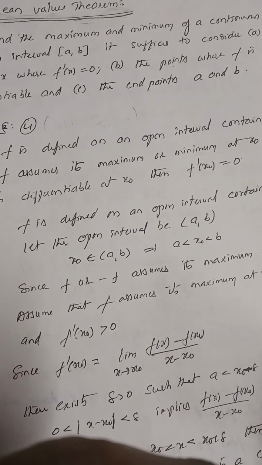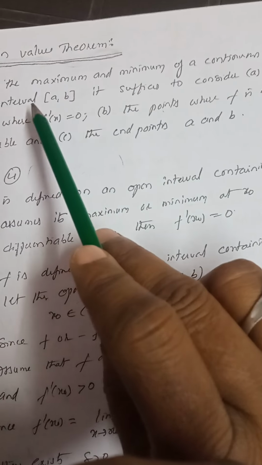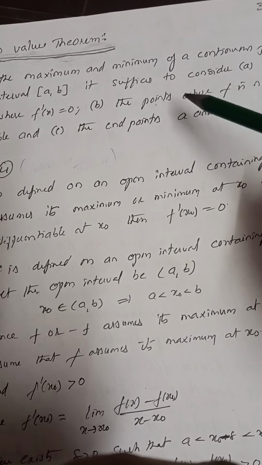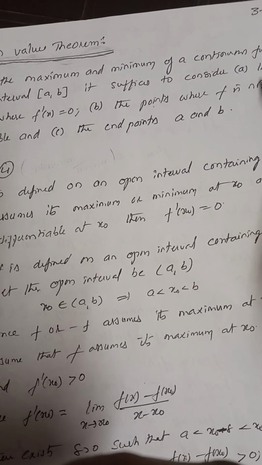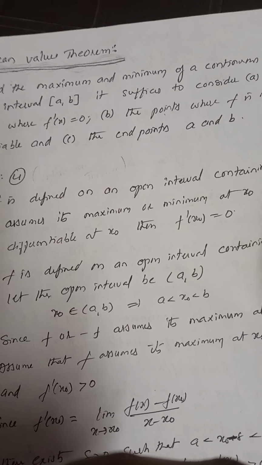Now, once again, to find the maxima and minima of a continuous function f on a closed interval [a, b], it suffices to consider the points x where f'(x) is equal to 0.